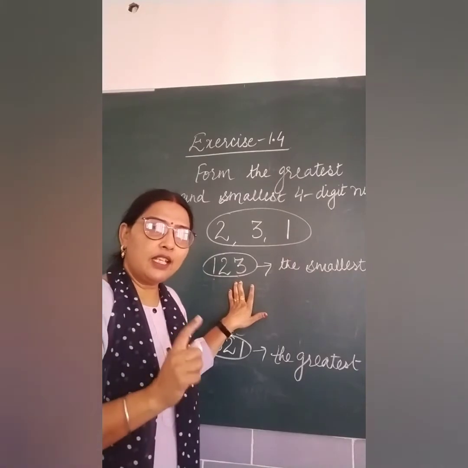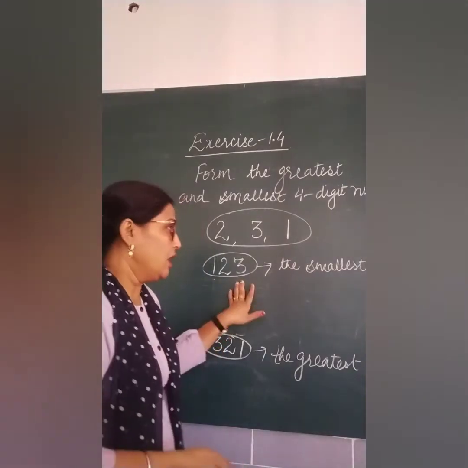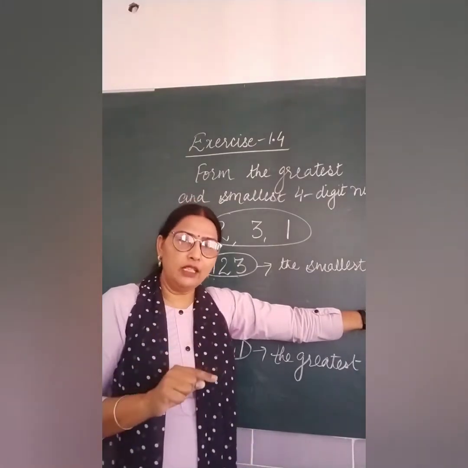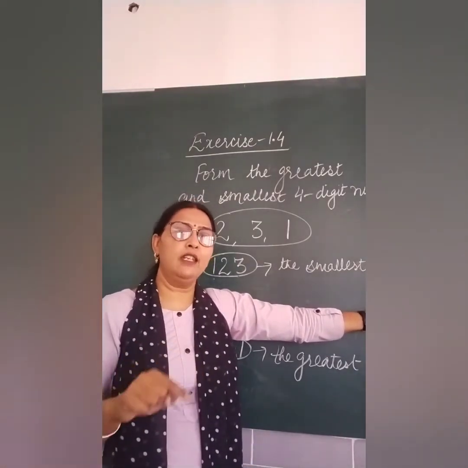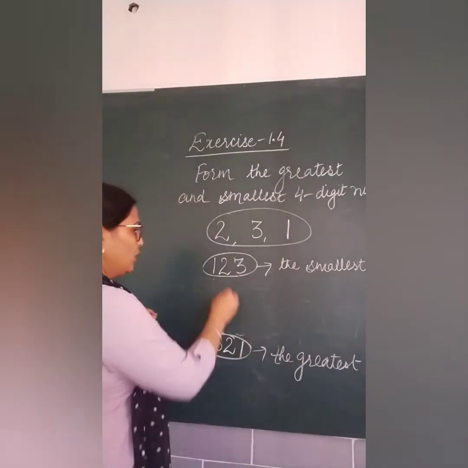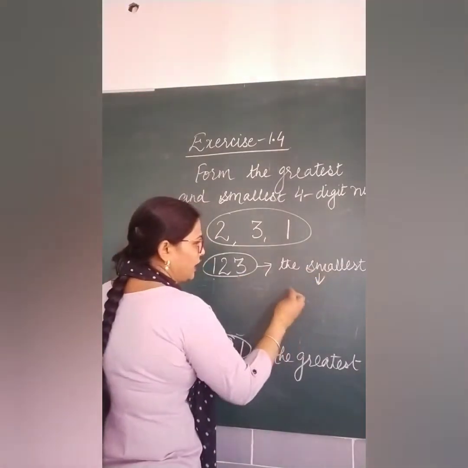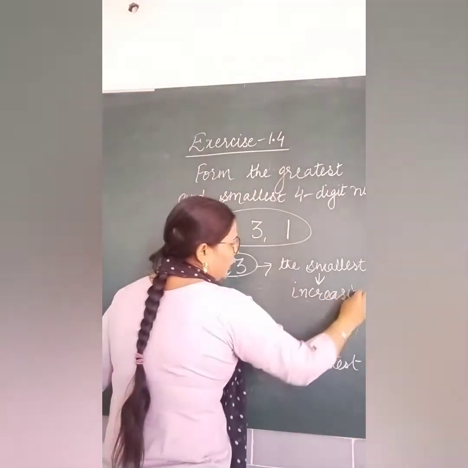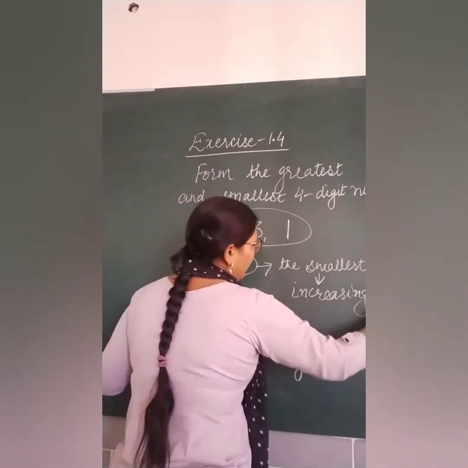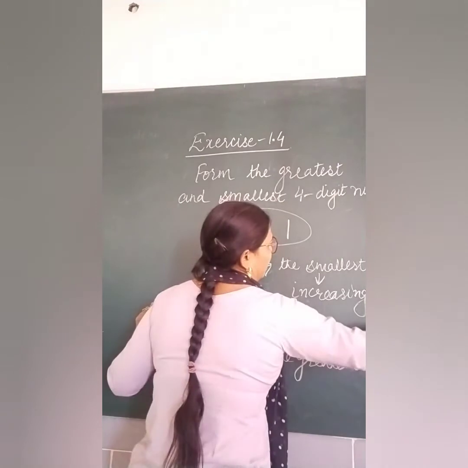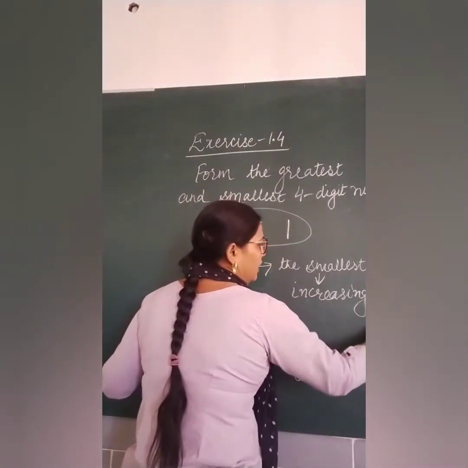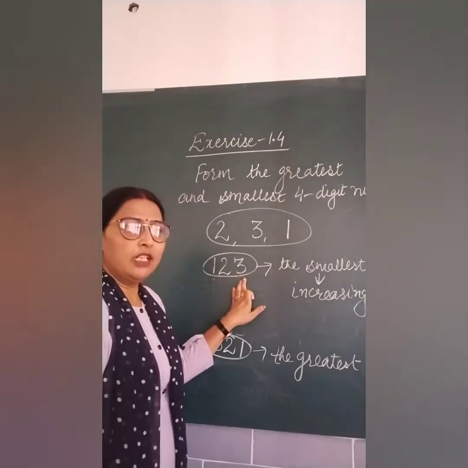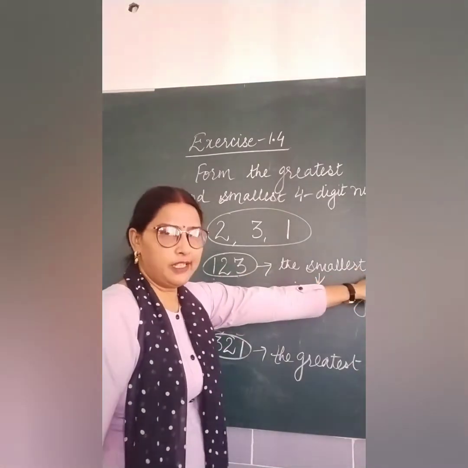To write the smallest number, we need to arrange the digits in increasing order, or we can also say ascending order. बेटा जब हम digits को increasing order में लिख देंगे, then we will get the smallest number.